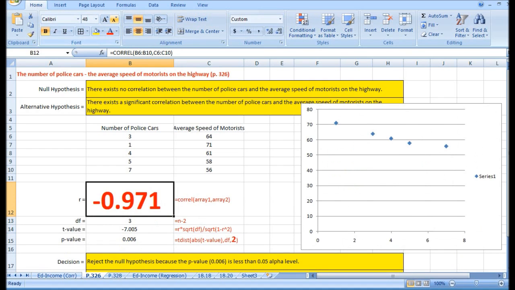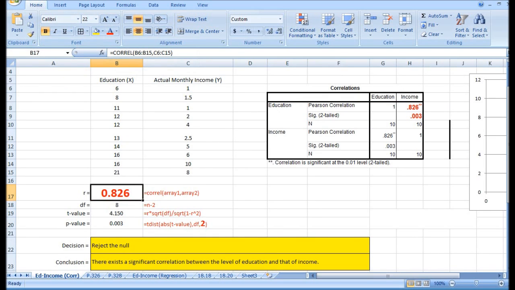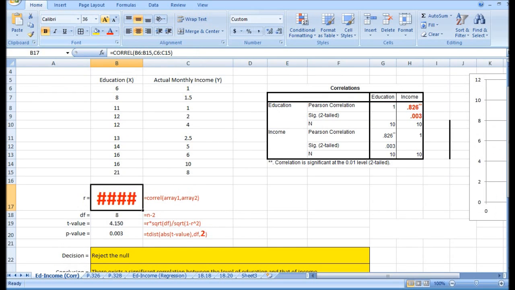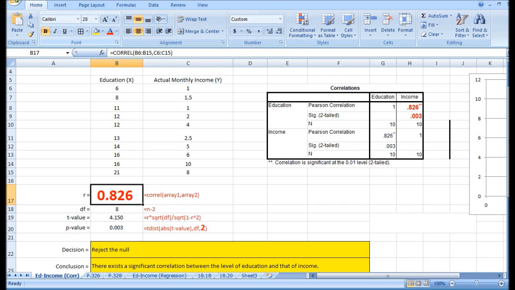Minus 0.971 here, okay? 0.826, 0.826. That's a single number. The correlation coefficient is a single number.